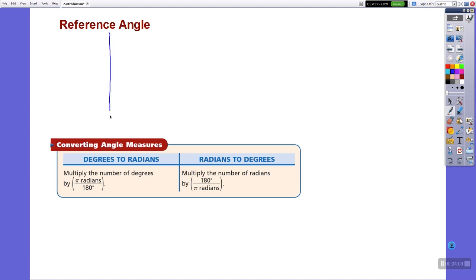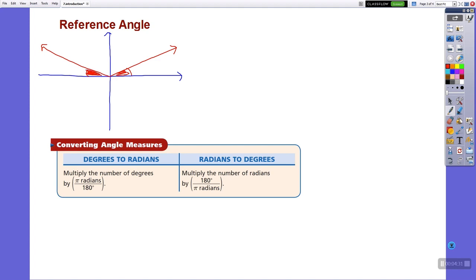So what's a reference angle? A reference angle is an angle that's located between the positive x-axis and the terminal side of the angle. So let's say that's the terminal side of the angle. This is your reference angle in the first quadrant. What about the second quadrant? In the second quadrant, here is also the reference angle.